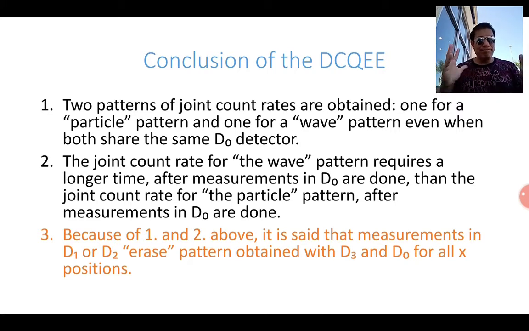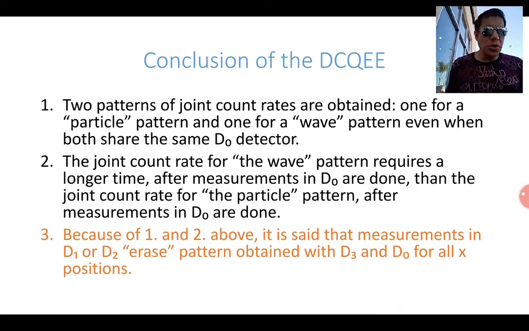So that kind of gives you the impression that, I'm going to go into 3 now, because 1 and 2 above, it is said that the measurements in D1 and D2 erase the pattern obtained with D3 and D0 for all x positions, right?